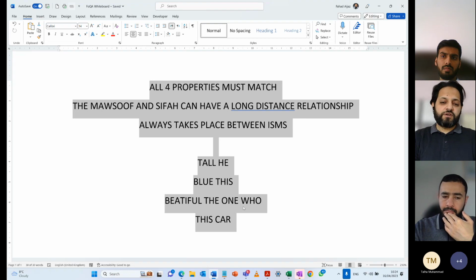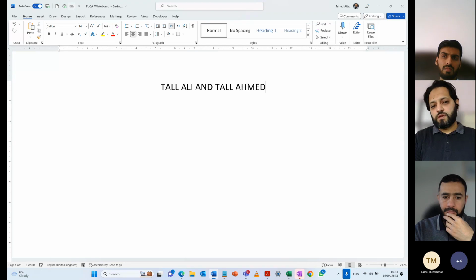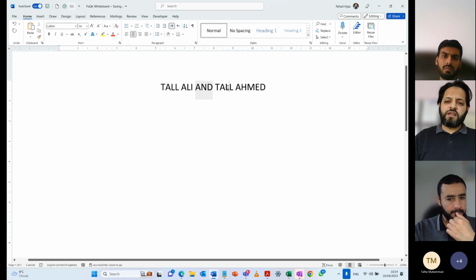In English, you could say tall Ali and tall Ahmad, just to explain that. So what you have done is you've taken the adjective tall and applied it separately to two different isms. But could you also do that? Tall Ali and Ahmad?